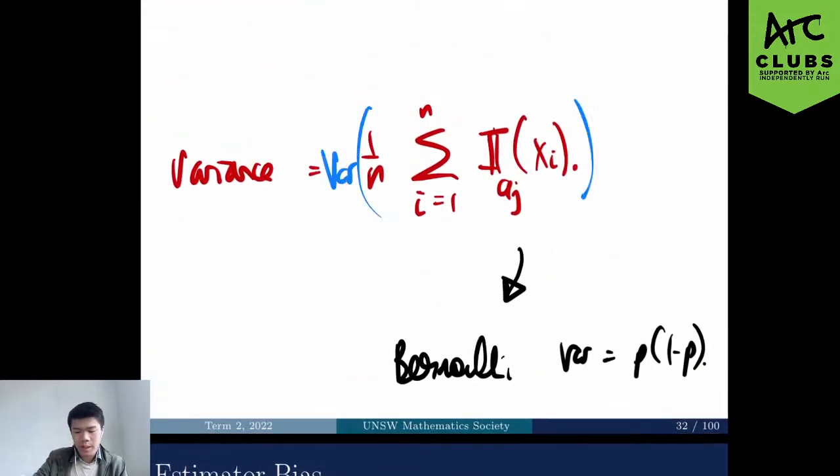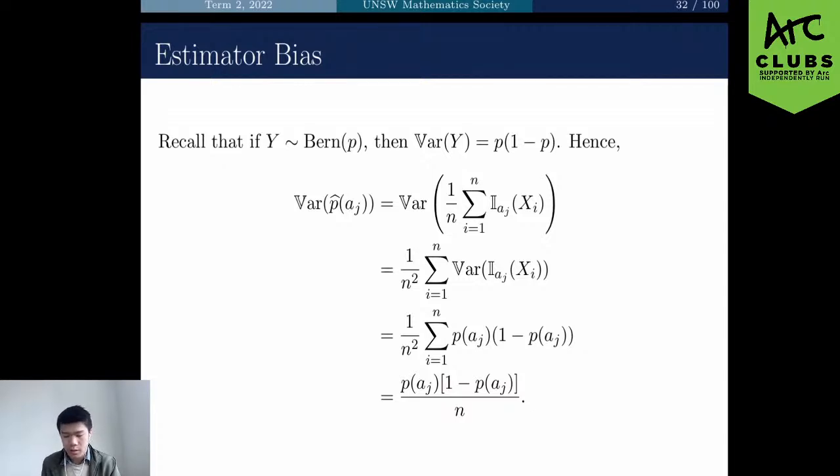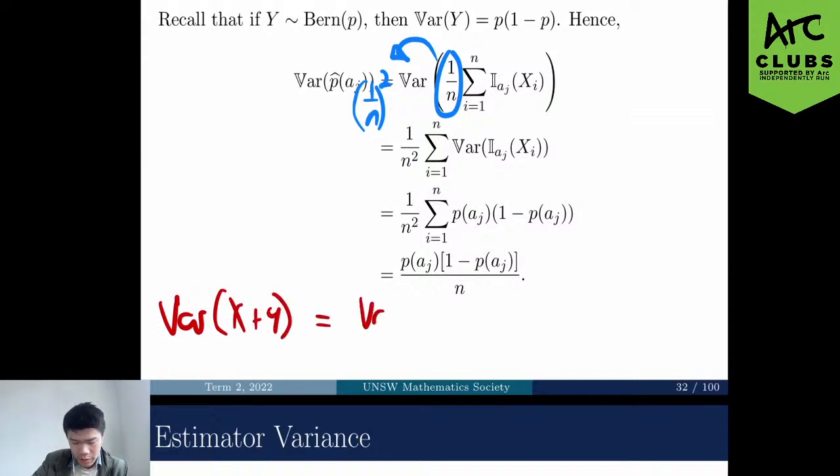And because we're taking the variance of this, and because we know that they're identically distributed and also independent, we can actually take out this constant first. So first of all, this constant comes out and it becomes a square, because variance has a square relationship. And then we get the variance of the sum, but because they're independent, we know this property that variance of x plus y, if x and y are independent, is equal to variance of x plus variance of y.